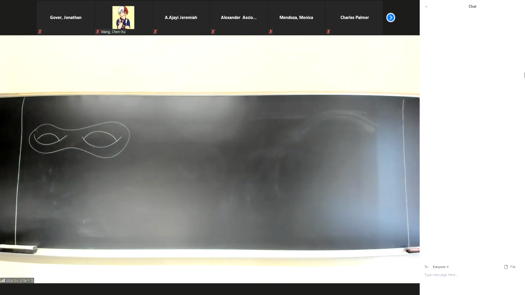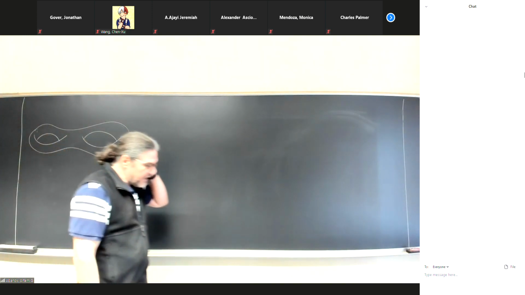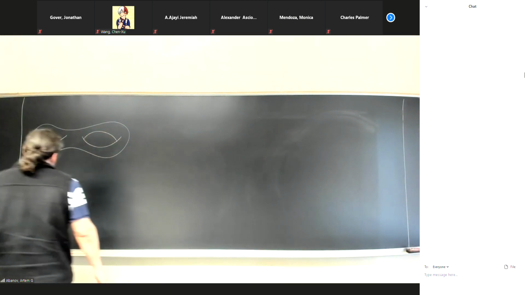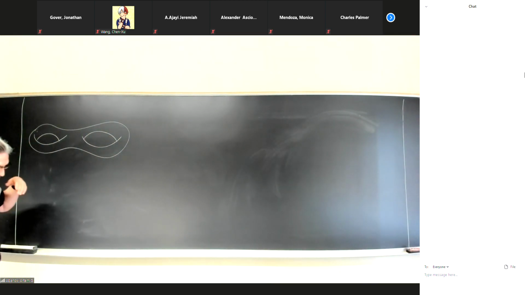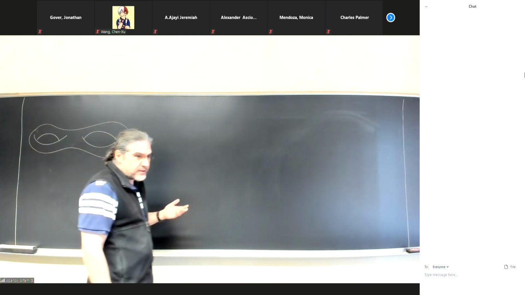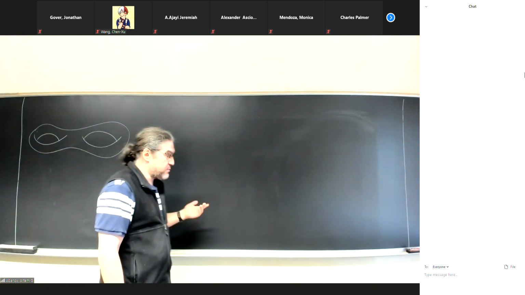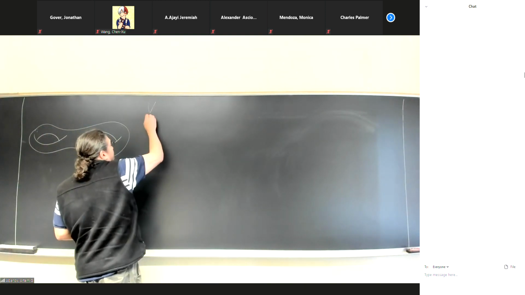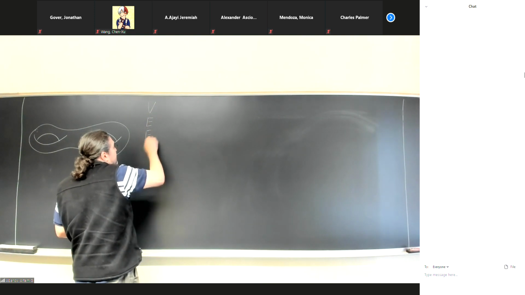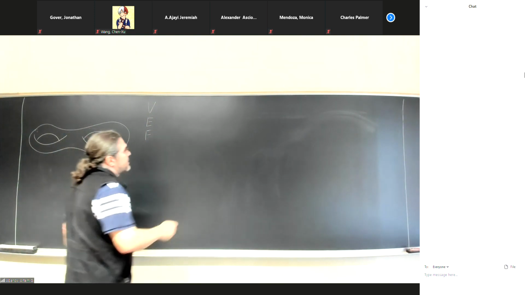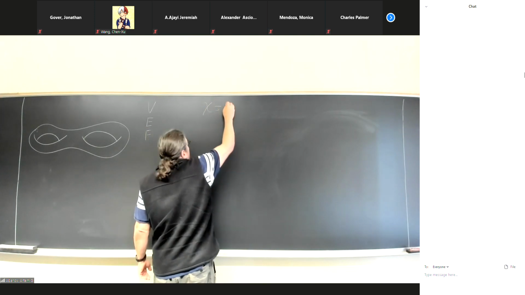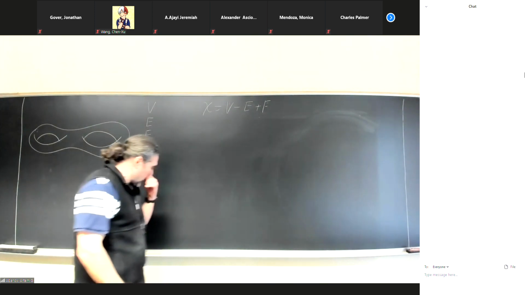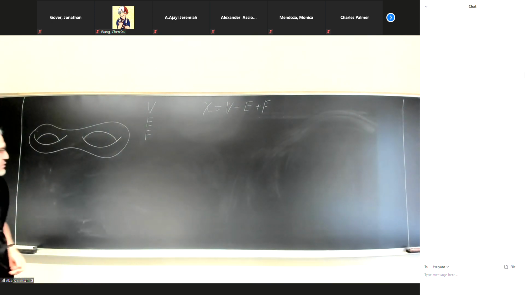And you should have computed its Euler characteristic. Namely, you need to draw a polyhedron which corresponds to this figure, and then count the number of vertices, the number of edges and the number of faces of that polyhedron, and then compute chi, which is the number of vertices minus the number of edges plus the number of faces. That's what you're supposed to do.